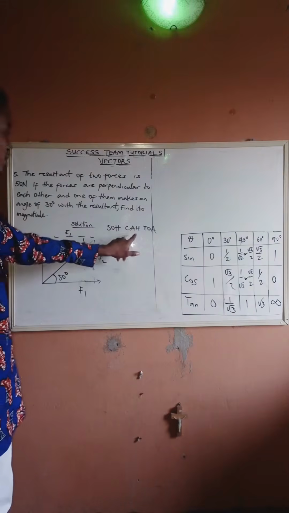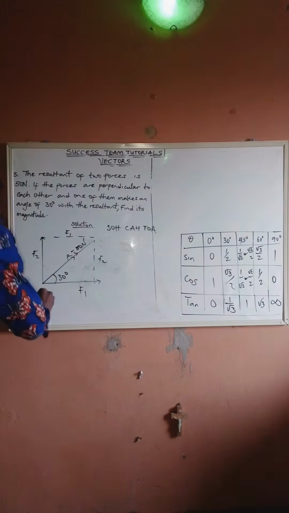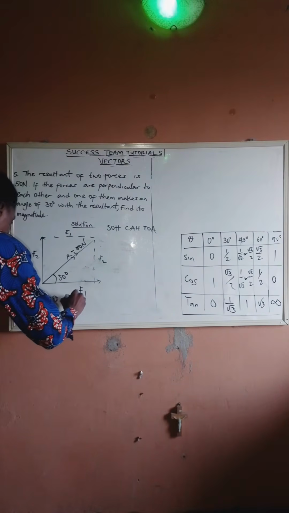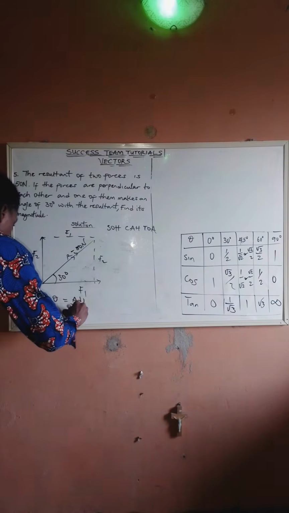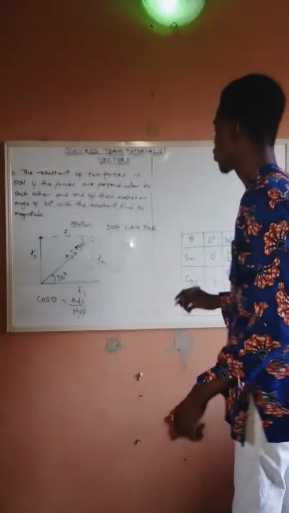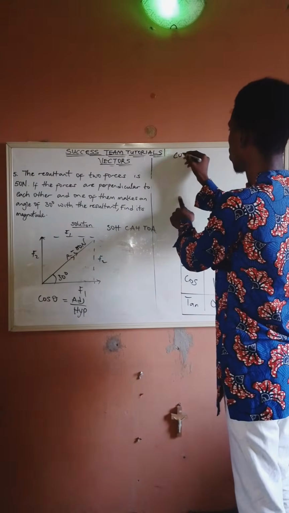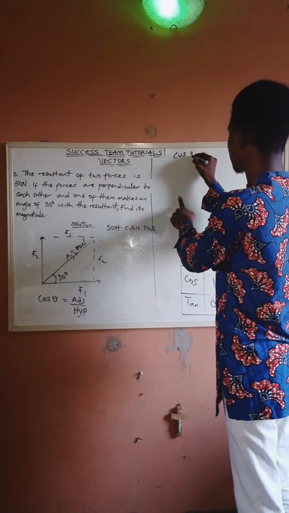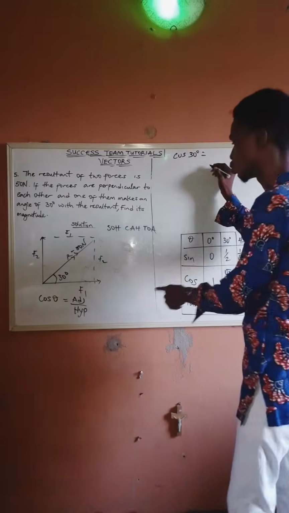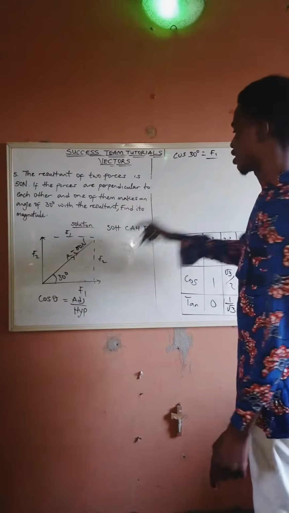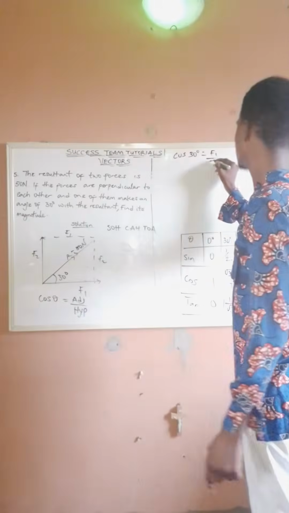Adjacent, that's cos theta. So cos theta is equal to adjacent over hypotenuse, right? So cos 30 degrees is equal to our adjacent F1 over R, which is 50.